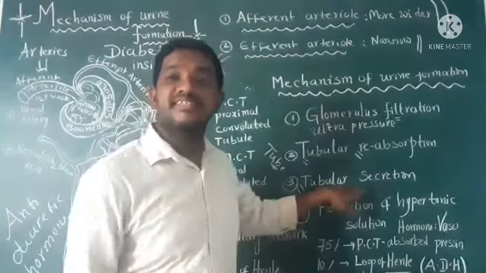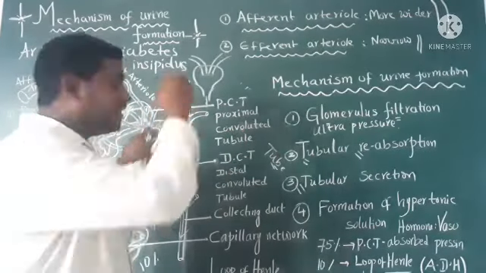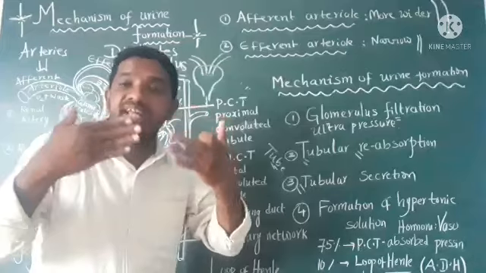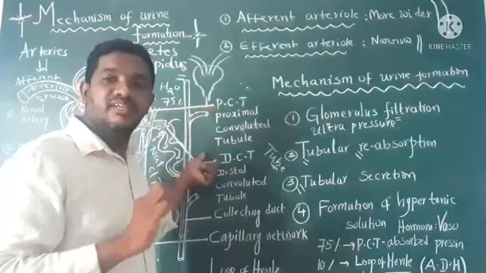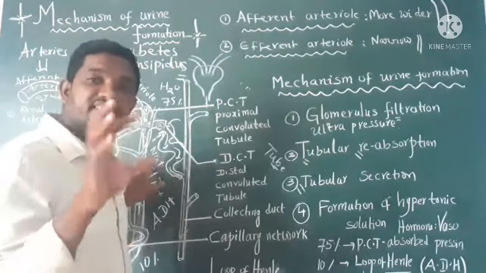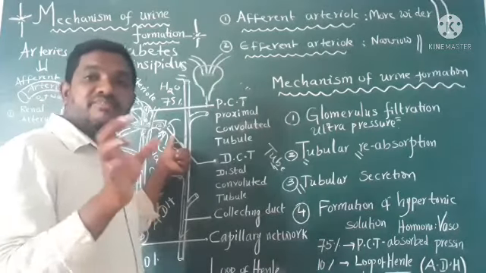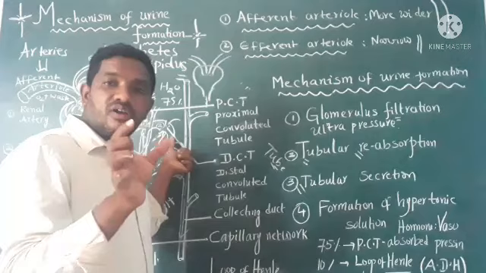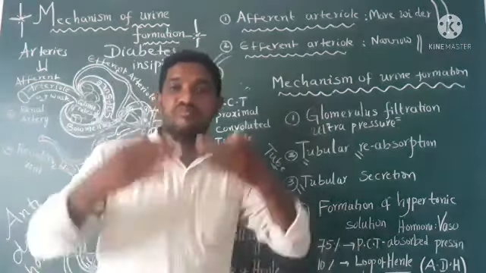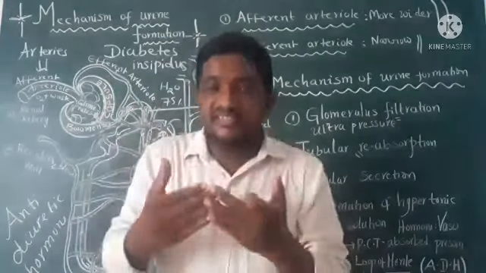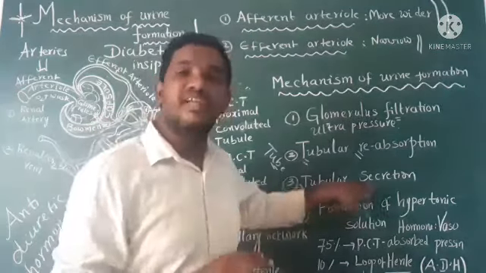Next one, tubular secretion. At the site of DCT, some ions will be released into this tube to maintain the proper pH of urine. What type of ions will be released? Na plus, Cl minus, H plus ions. Here, some substances like urea, uric acid, creatinine will be removed.